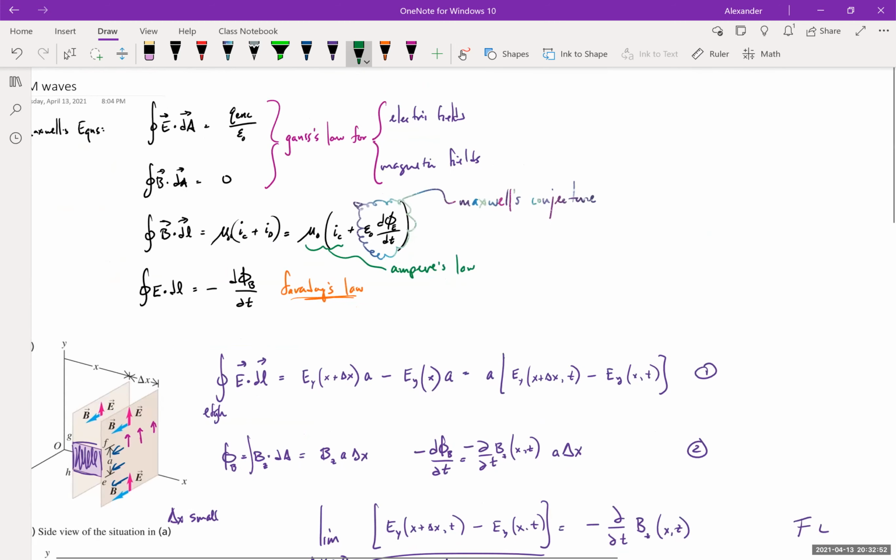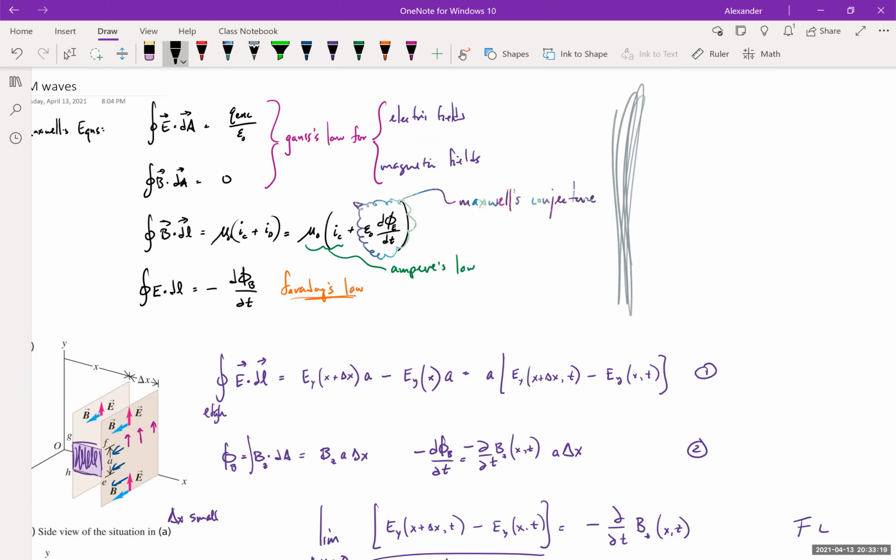this is a source-free region. I have considered no charges and no currents. There's nothing, there are no charges and no currents. So there's a sort of a modification of Maxwell's equations that we could make in the absence of sources.